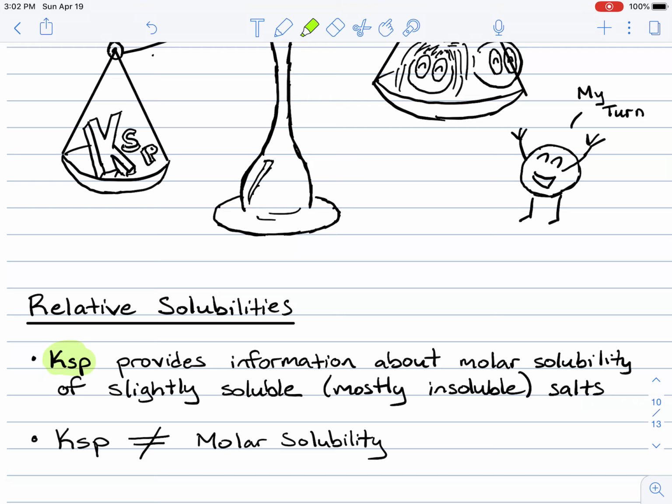Since the Ksp is a product of the molar solubilities raised to the coefficients, and the coefficients can be found from the balanced chemical equation, we can set up a mass action expression to determine the molar solubility. Remember that the molar solubility is denoted as S, or the change in our ICE table.